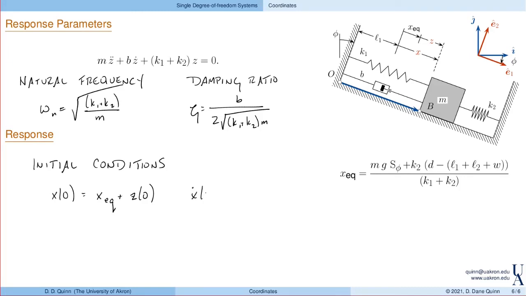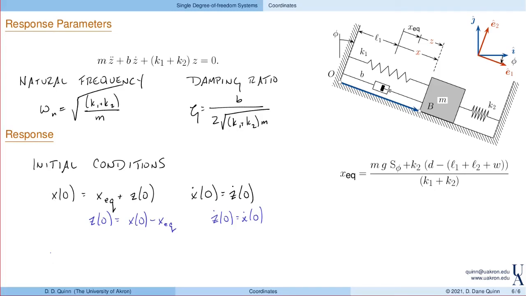Likewise, x dot here is z dot. So if you're looking for initial conditions on z, it would be the initial stretch in the spring minus the equilibrium displacement. And the initial velocity of z dot is just the same as the initial velocity in terms of x.